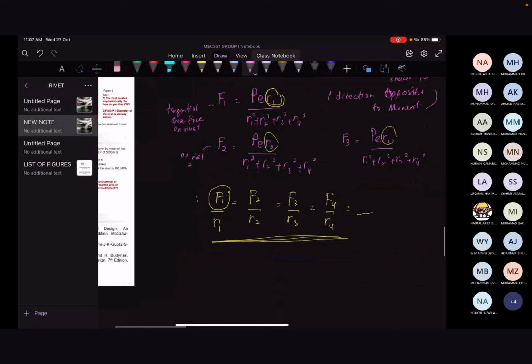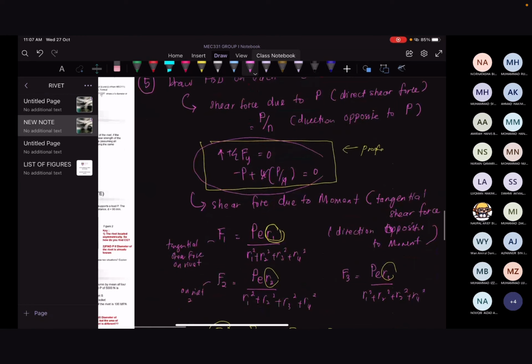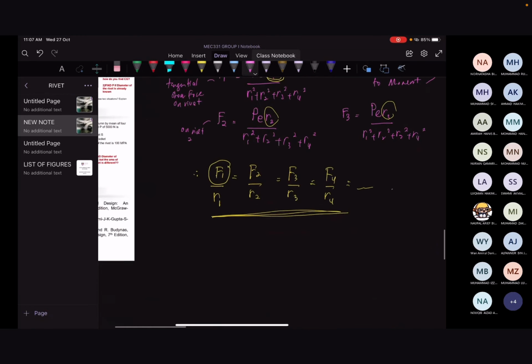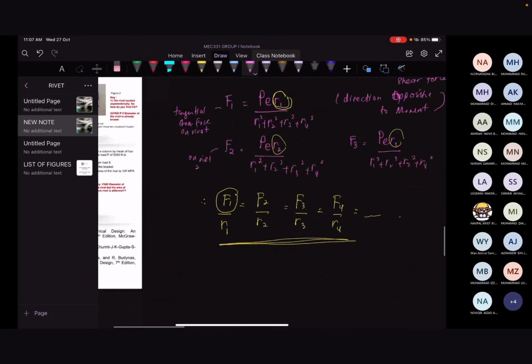So, bila dah dapat kira dia punya number 5, once you have draw the FBD, and then you can calculate F1, F2 ni semualah. Number 5, number 6. Calculate F1, F2, F3, F4 dan seterusnya.